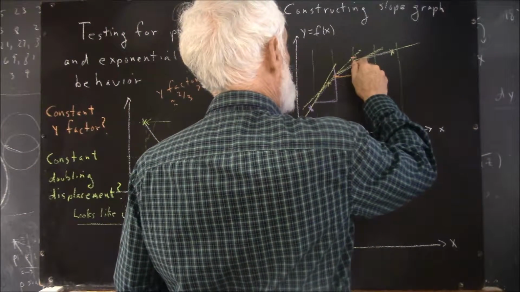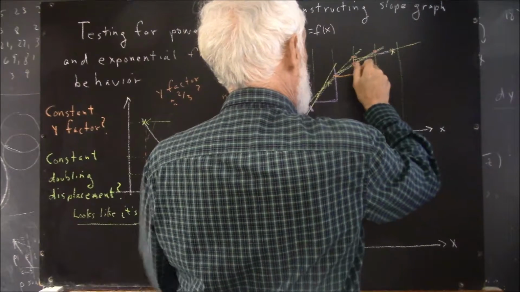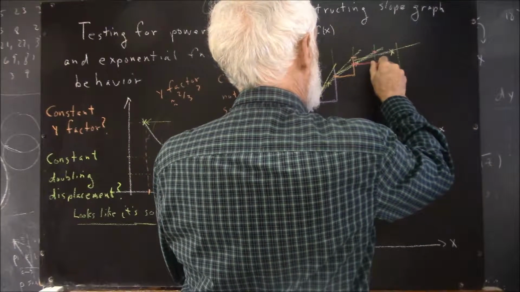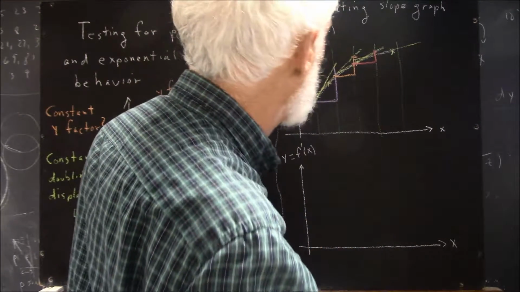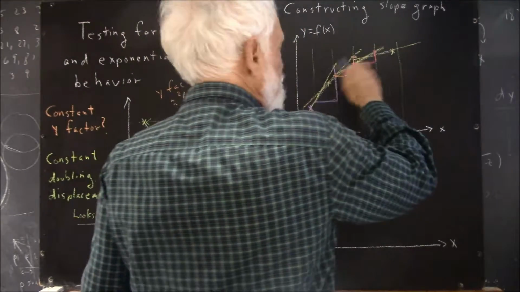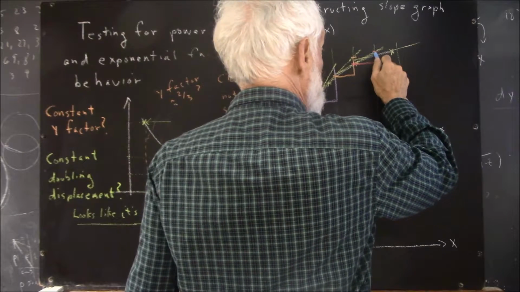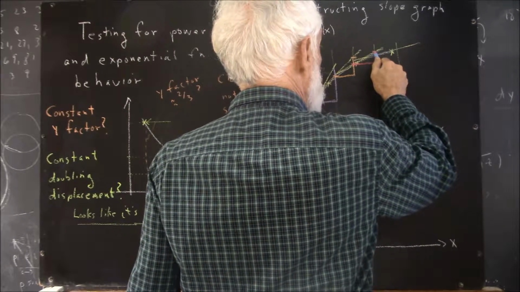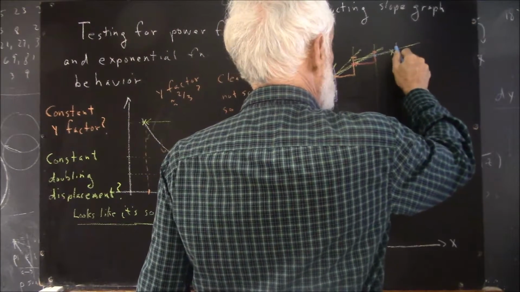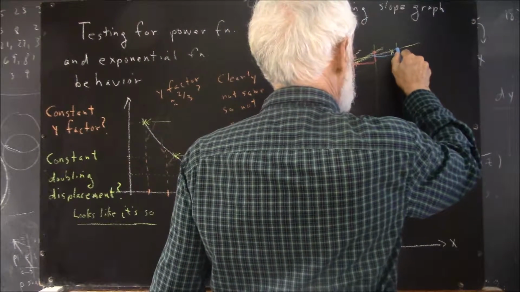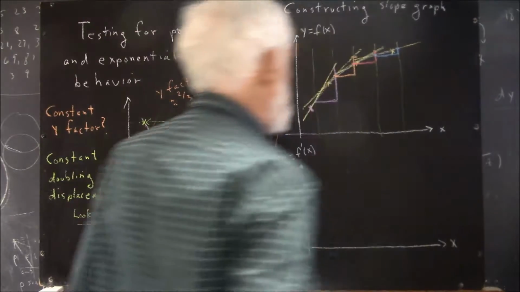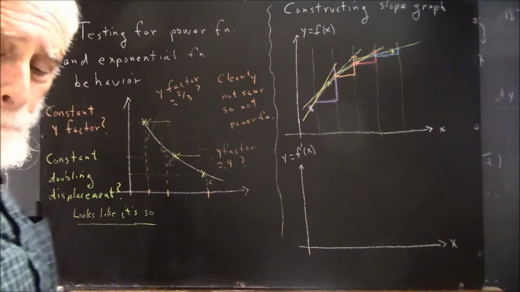So I'm going to use this point and this point on the tangent line and sketch the triangle that I would construct. And then for this tangent line, I'll use this point and this point. Not doing a very good job of sketching a good right triangle, but there it is.